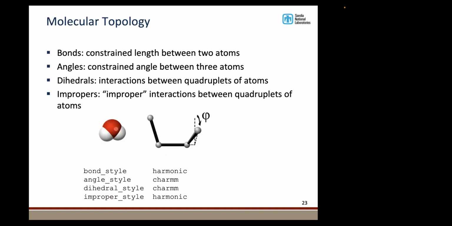So that would be like these two atoms. Angles are obviously a constrained angle between three atoms. And then you also have a dihedral, which is an interaction between four atoms, as well as an improper. And so LAMMPS can handle these different kinds of molecular topology using different styles and different models for these bonds and angles, etc.